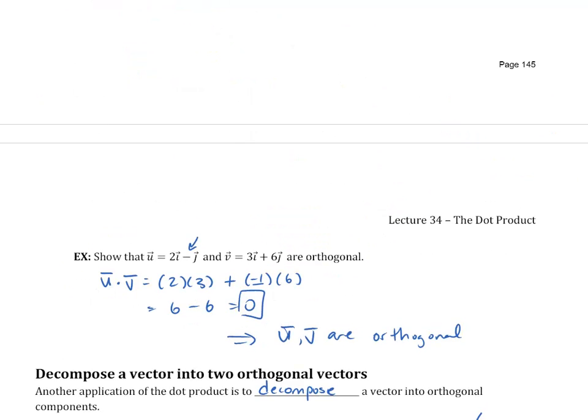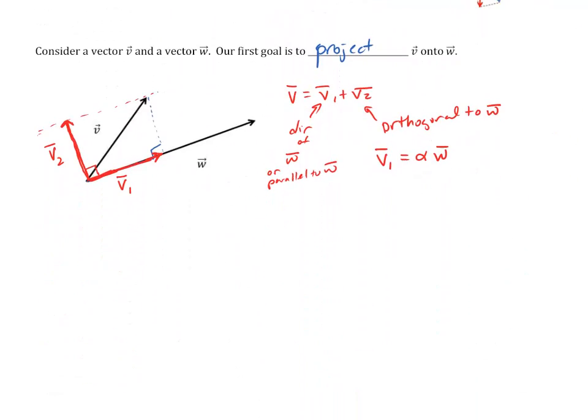The second thing I want us to observe in this case is that because v2 is orthogonal to w, what is v2 dot w? Well, it's 0. So I'll put these two pieces together with the following. I want us to look at v dot w.